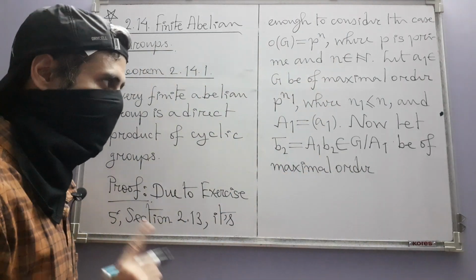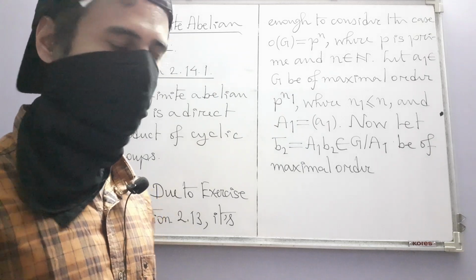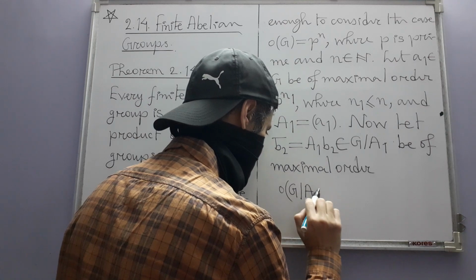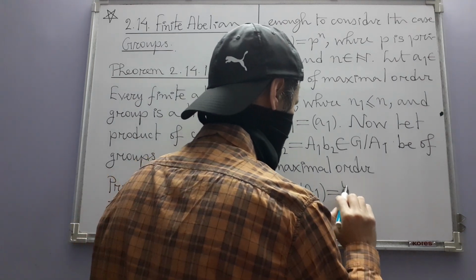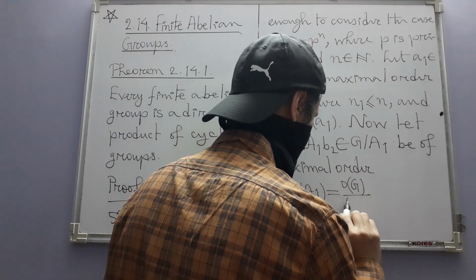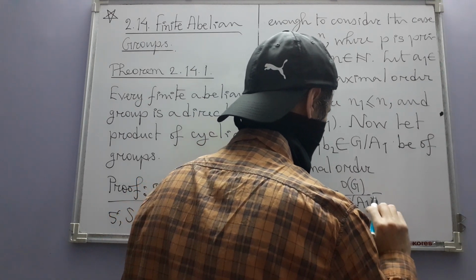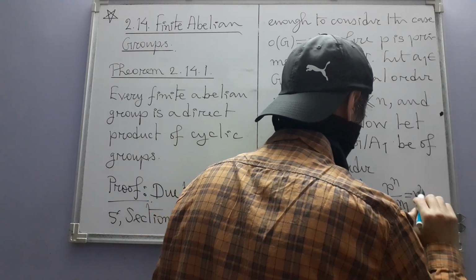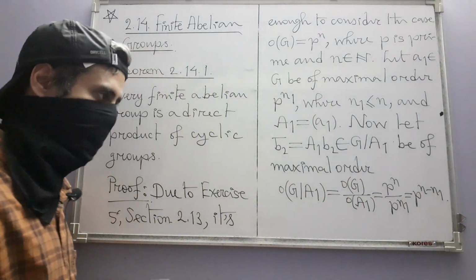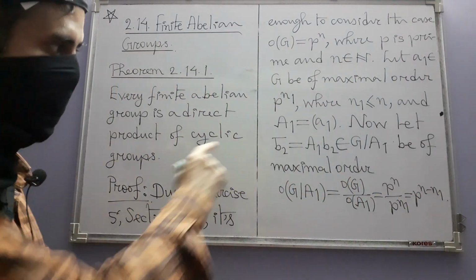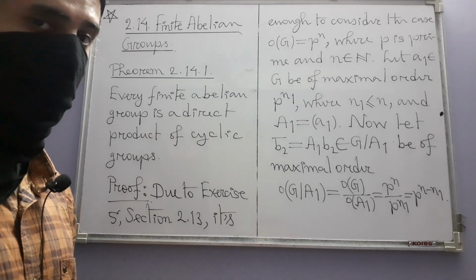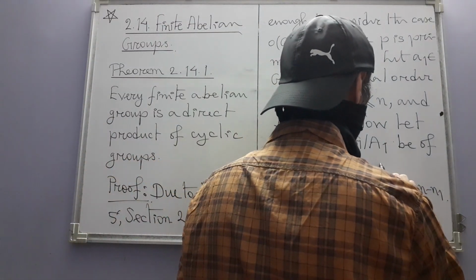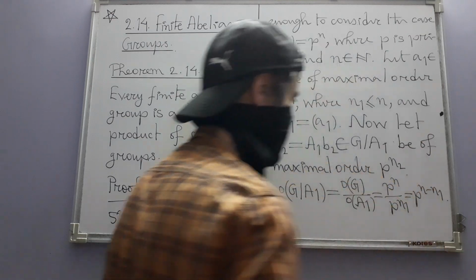Again, what type of number will that order be? You just try to see what the order of this quotient group is. n minus n1. So it's again some power of p. So this order also, due to that one corollary to Lagrange's theorem, has to be some power of that p again. Say p to the power n2.